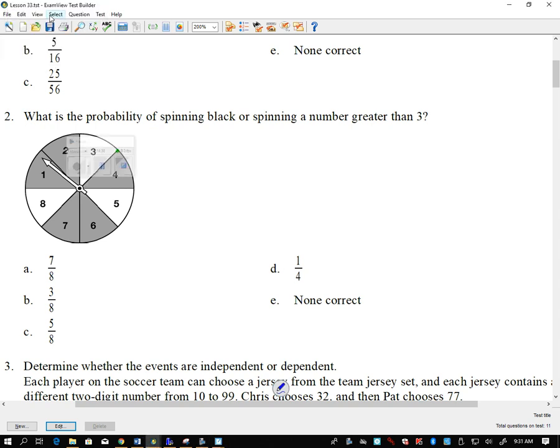I believe it should say and there. What's the probability of spinning black? The probability of spinning black is still 5 eighths though, right? Okay, so you're getting 5 eighths, and the probability of spinning a number greater than 3, that's still 1, 2, 3, 4, 5. That's still 5 eighths though.